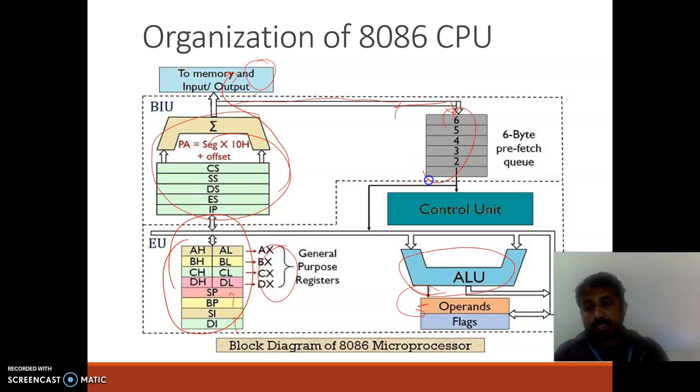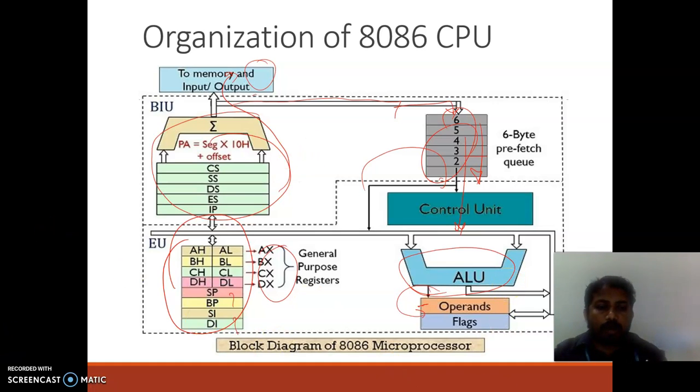This queue stores the data in a 6-byte format and feeds it to the ALU, and once the ALU completes, the next data is fed in. Once 3 of the 6 bytes have been emptied, the remaining 3 bytes are filled up with the next instruction. Why we go for 6 bytes, and how these operations are carried out, will be discussed in the architecture of the 8086.